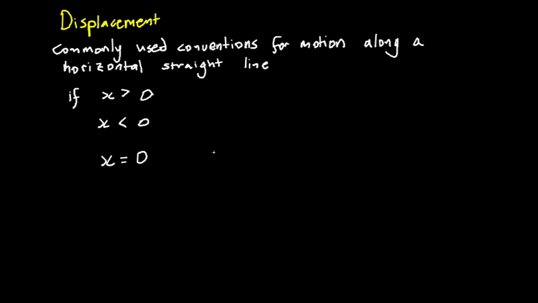When we look at displacement, there are commonly used conventions for motion along a horizontal straight line. We've got either x greater than 0, x less than 0, or x equal to 0. This is talking about how far away from the origin we are.